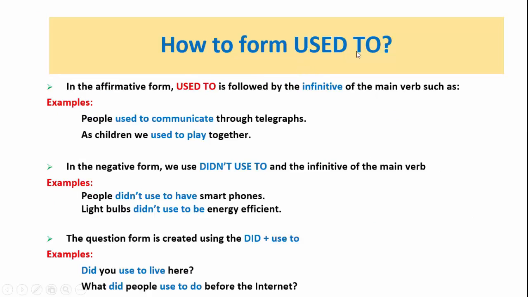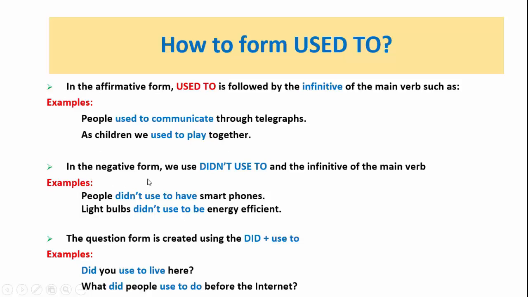How to form used to? In the affirmative form, used to is followed by the infinitive of the main verb. Let's see the examples. People used to communicate through telegraphs. As children, we used to play together.